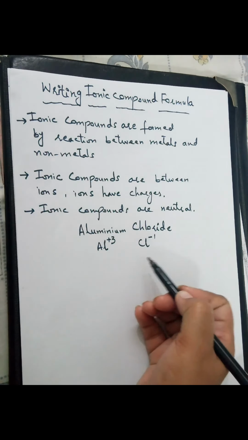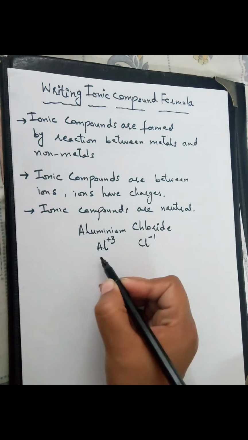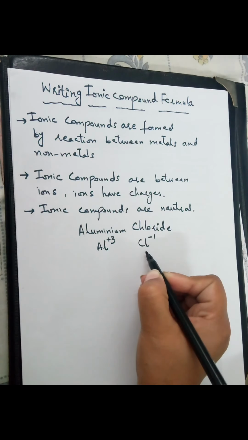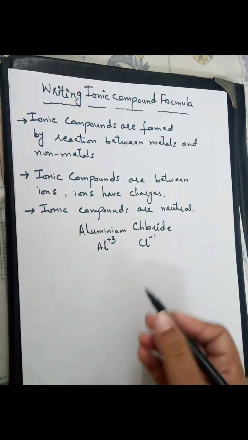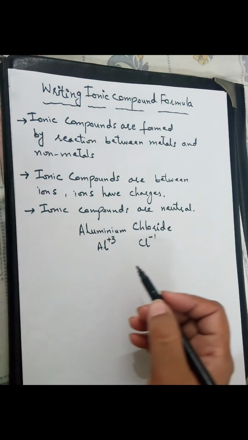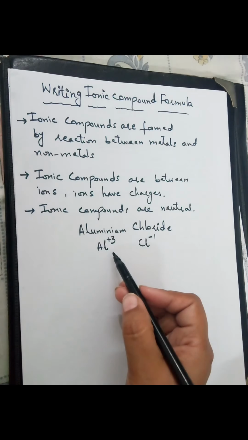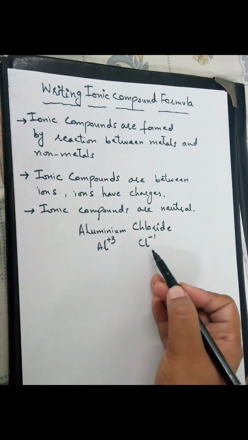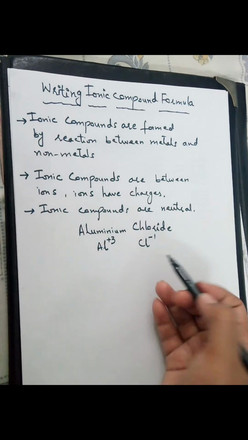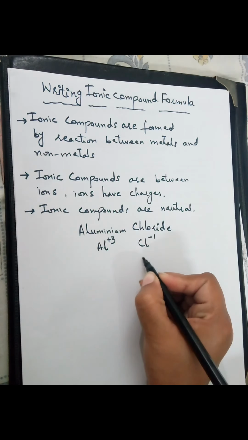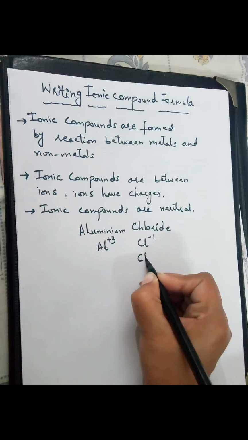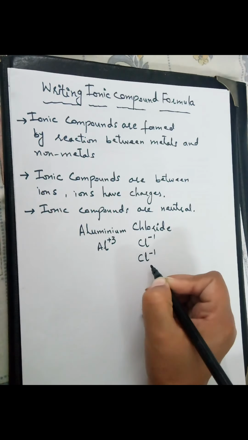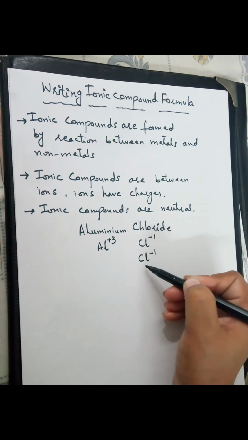No. There is +3 charge on aluminum and -1 charge on chlorine. We have to balance the positive charge and negative charge. So how can we balance? We can add more chlorine, -1, chlorine -1.